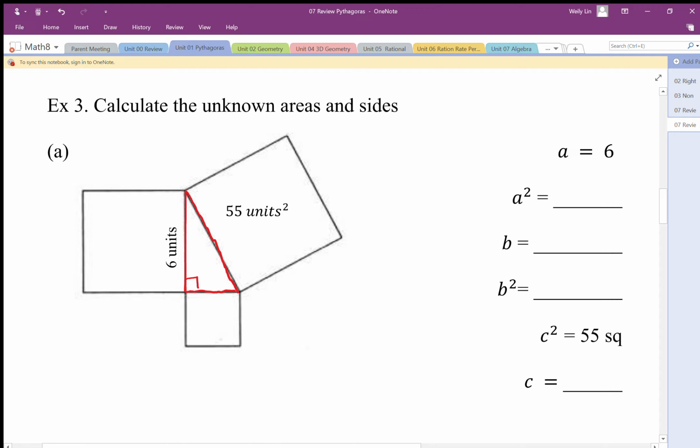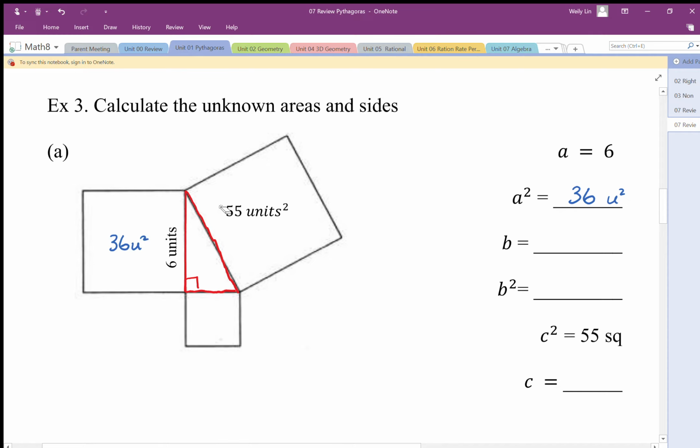So looking at this diagram here, we want to be able to relate these three areas together. So I need to find the area here. Okay, so if the side length is 6 units, if I square, I can get the area. So I'm going to square the side length to get a squared, and I'm going to get 36 units squared. So in this space here, I get 36 units squared.